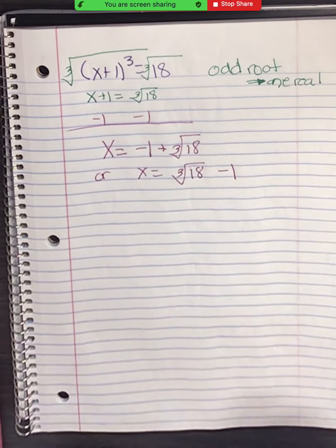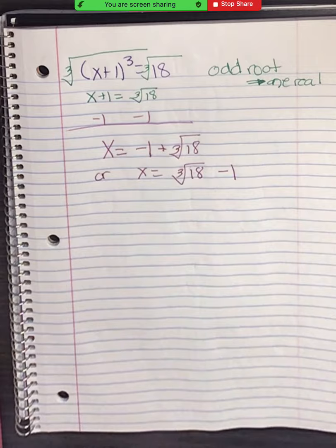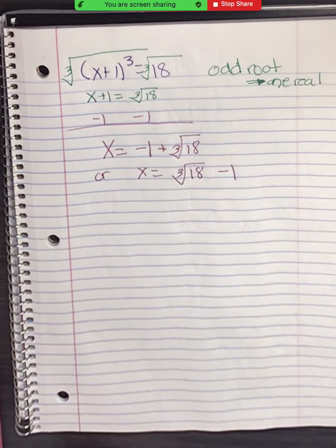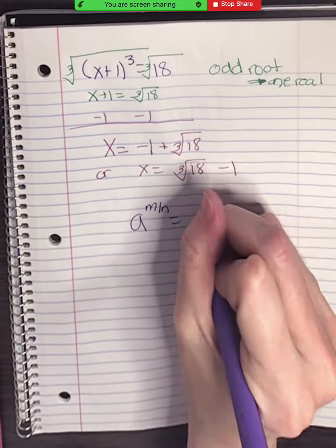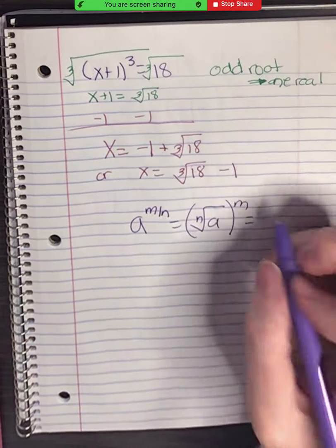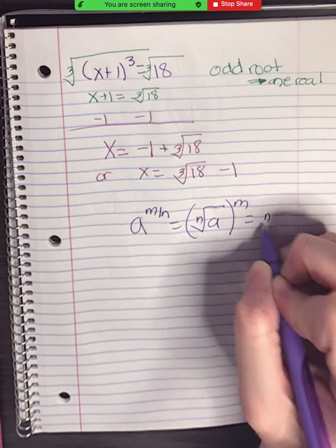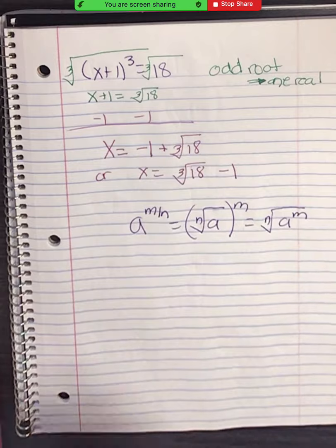But for this, that's it, okay? So this is just being able to write rational exponents using powers. And solving from there. Okay, so that is 7.1.